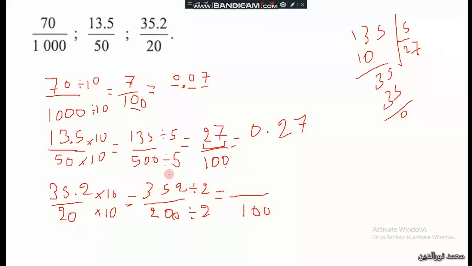So the half of 352 is 176. And as a decimal number we have 2 decimal digits, so it's 1.76.